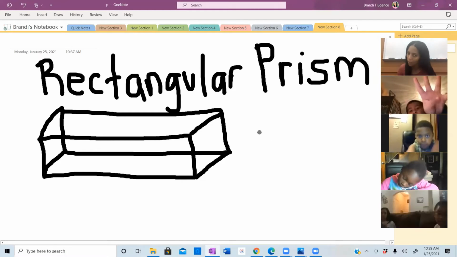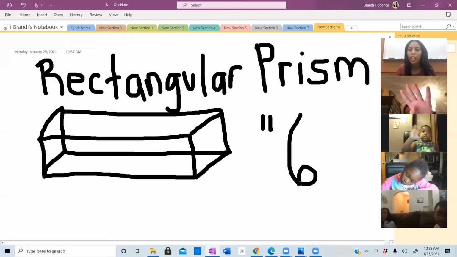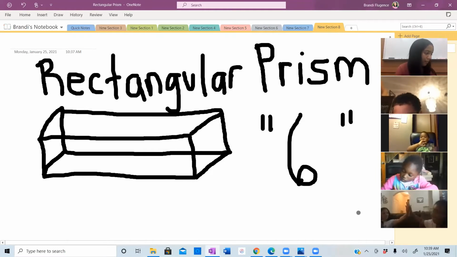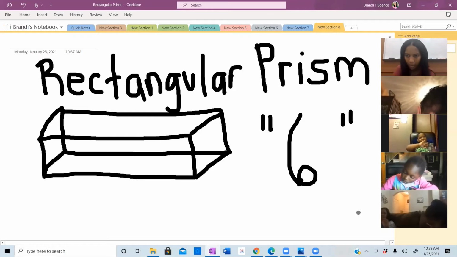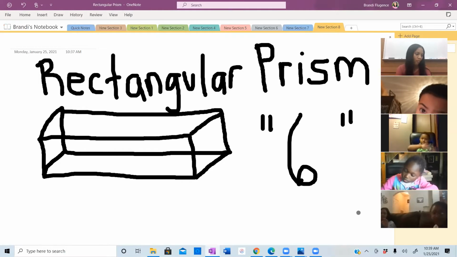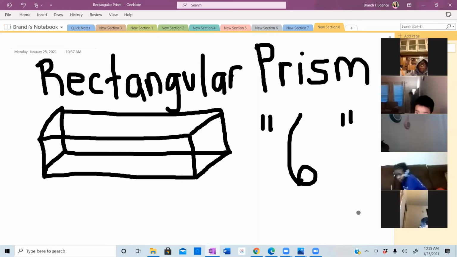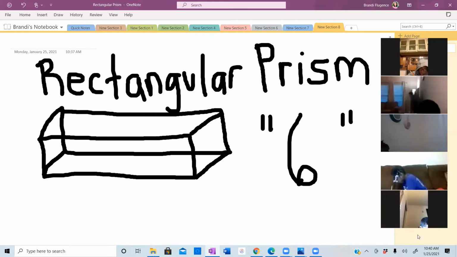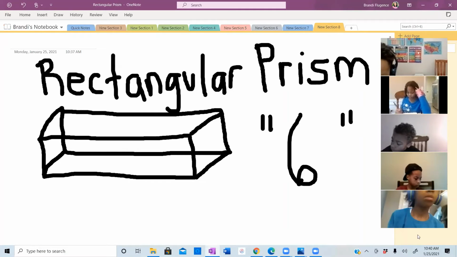It would have 6, just like the cube has 6. This one has 6 as well. 1, 2, 3, 4, 5. Okay, everybody has it.